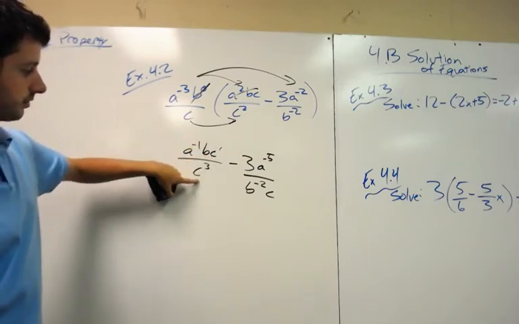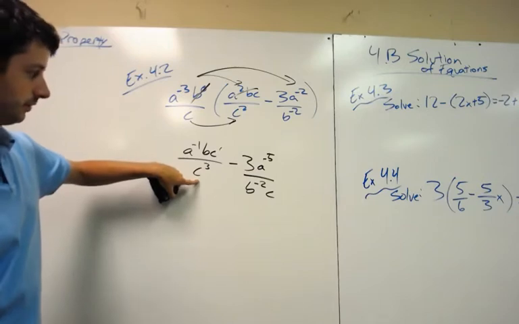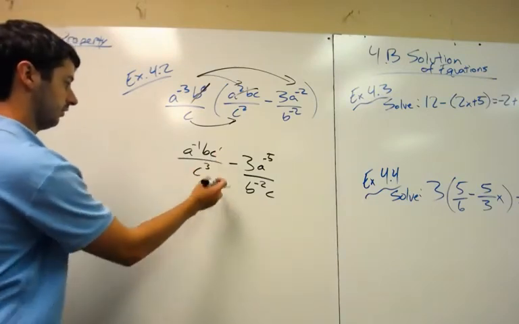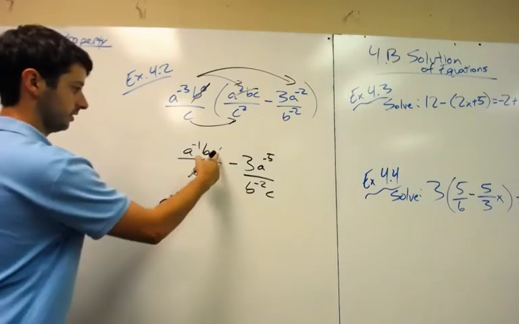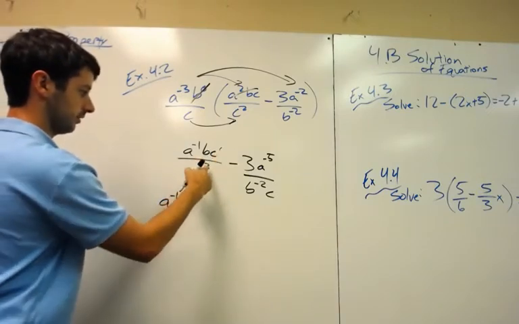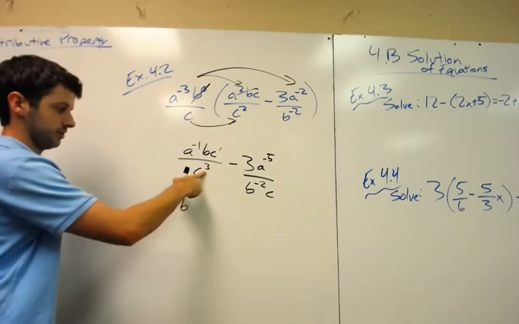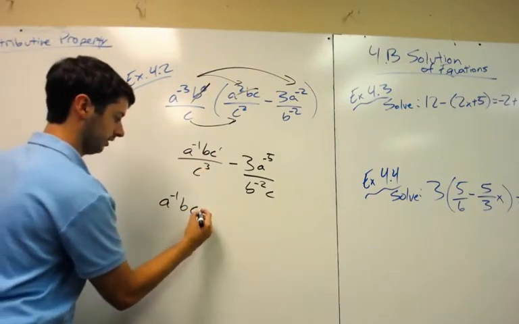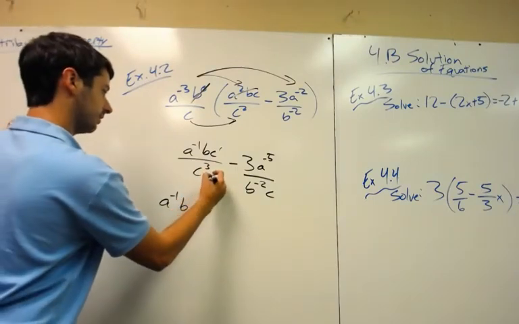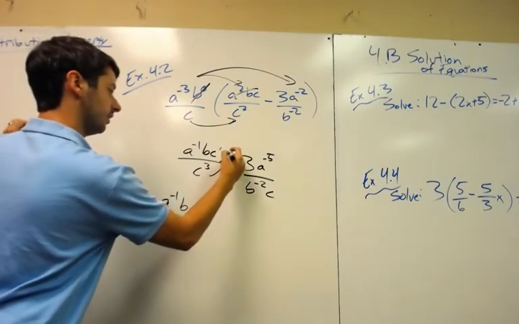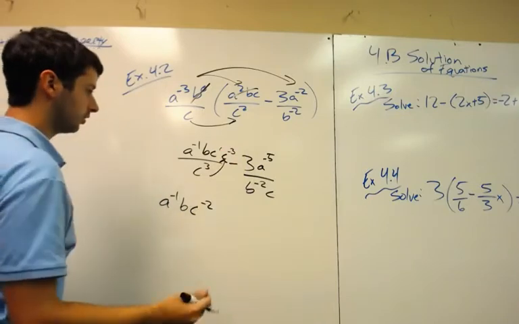1 minus 3 would be negative 2. So if I had, we already got this part, c to the first, you simply have to subtract there, and that would become c negative 2. If you need to move it to see it, no pun intended, you could do that.